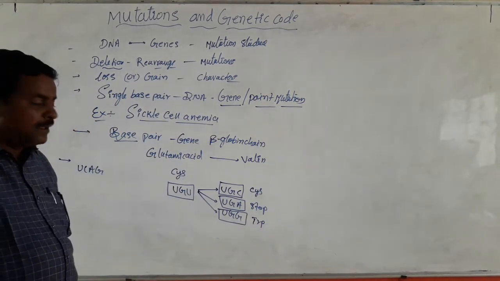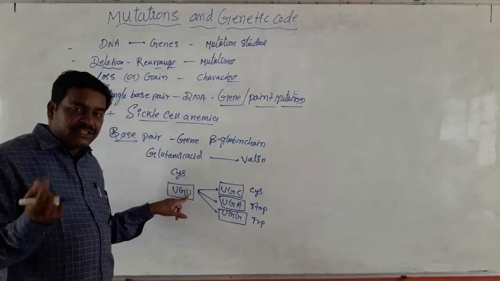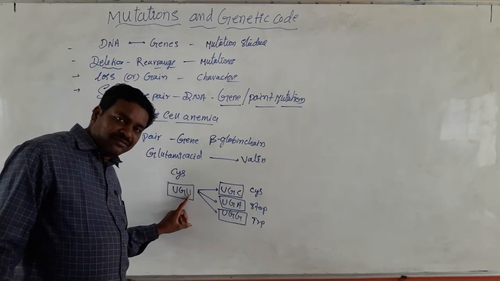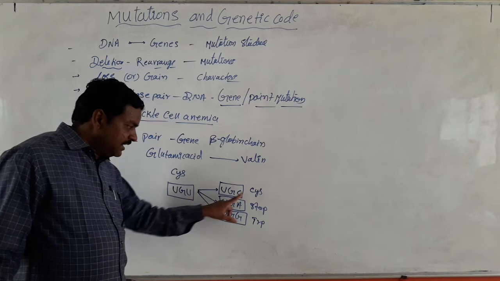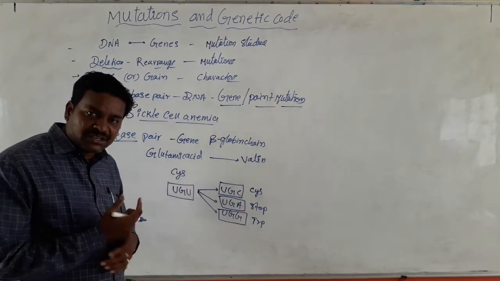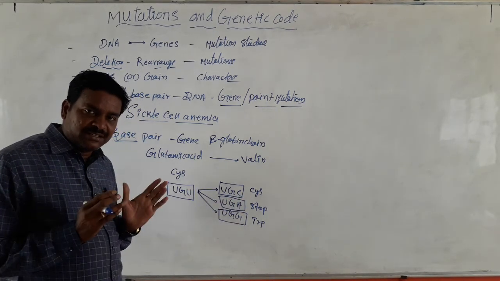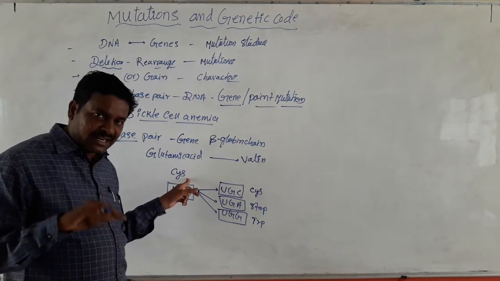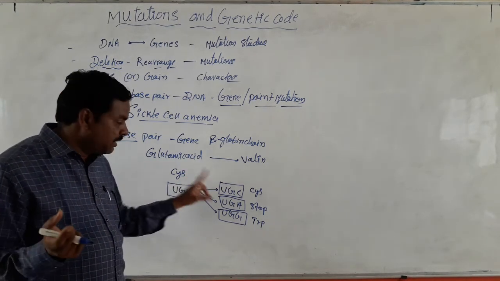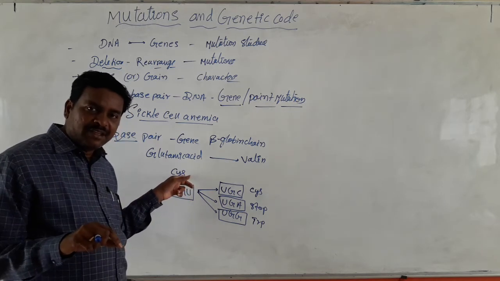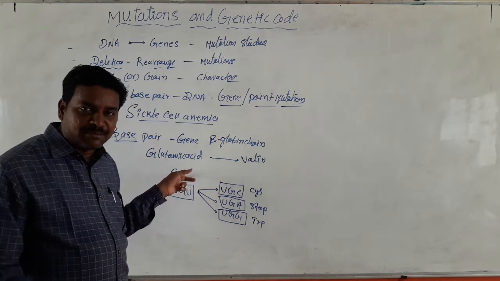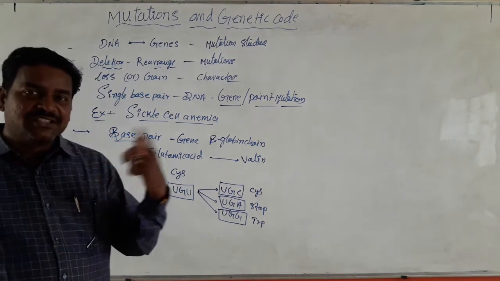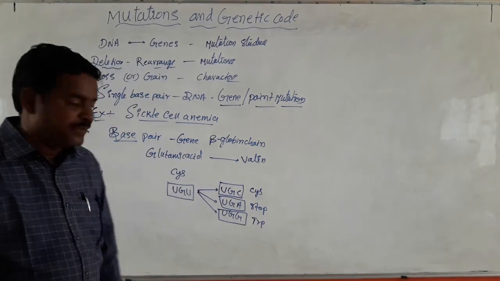In this way, due to a change in a single base pair of DNA, different codons are formed. Sometimes these different codons may recognize the same amino acid, or may recognize some other amino acids. So the amino acid sequence is also changed in the polypeptide chain.